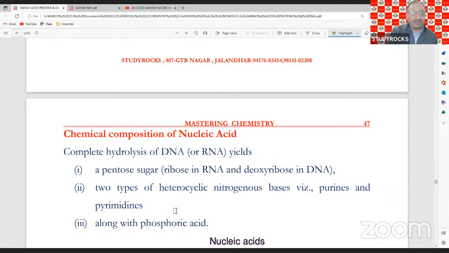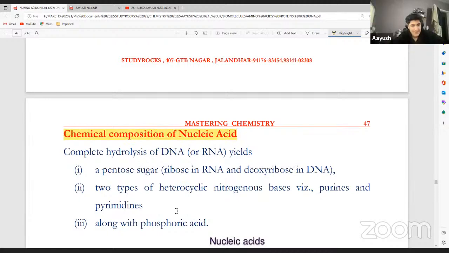First of all, we come to the part of chemical composition of nucleic acids. As in proteins, we studied the chemical nature by hydrolysis. We keep on breaking proteins, and from proteins we get polypeptides, and from polypeptides we finally get amino acids.